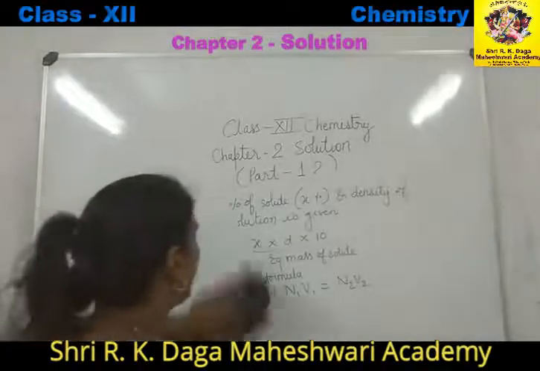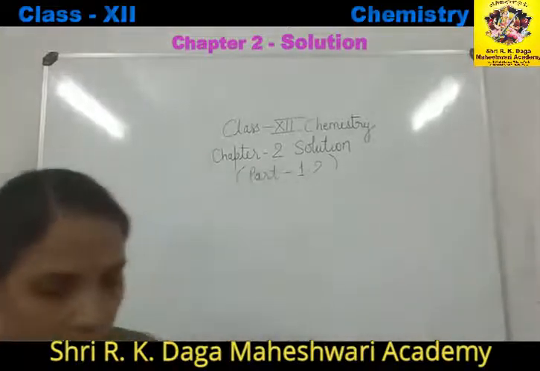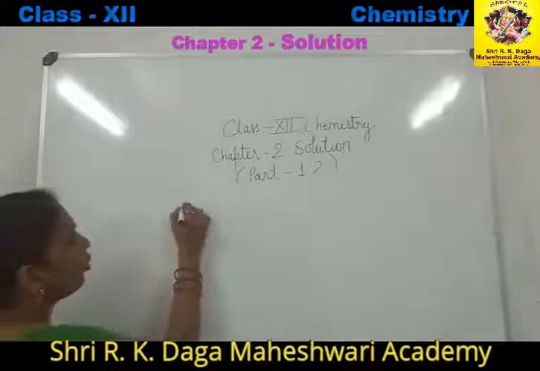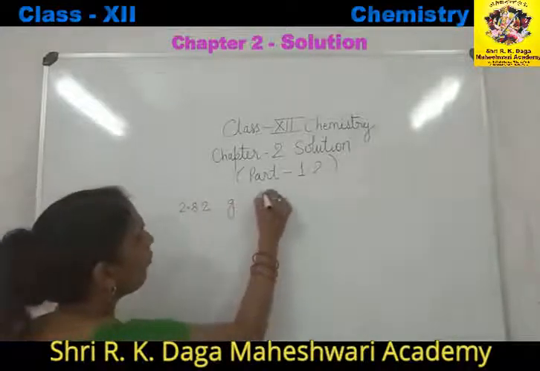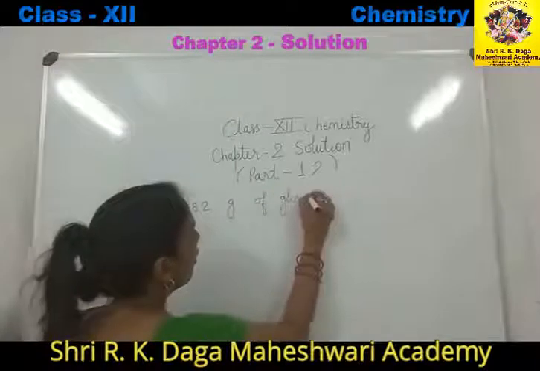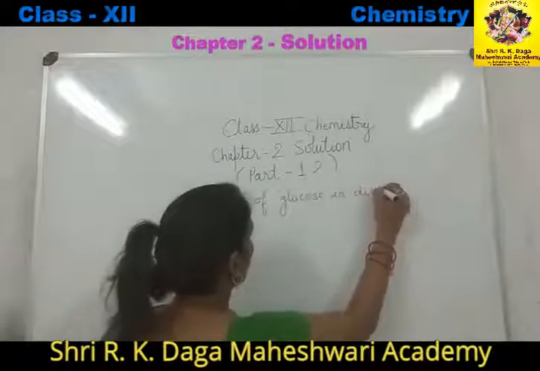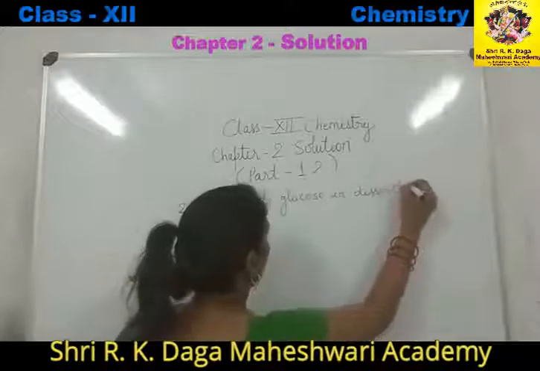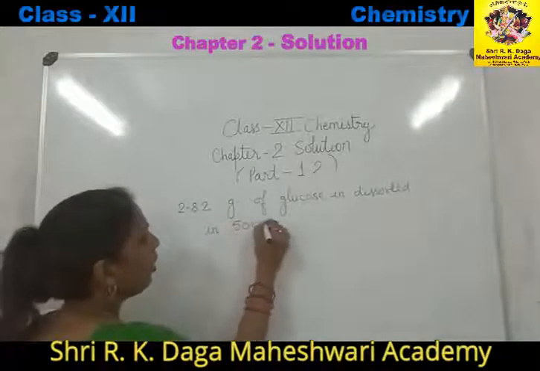I am taking a numerical based on the normality, and what is the numerical here? 2.82 gram of glucose is dissolved in 500 milliliter of solution.